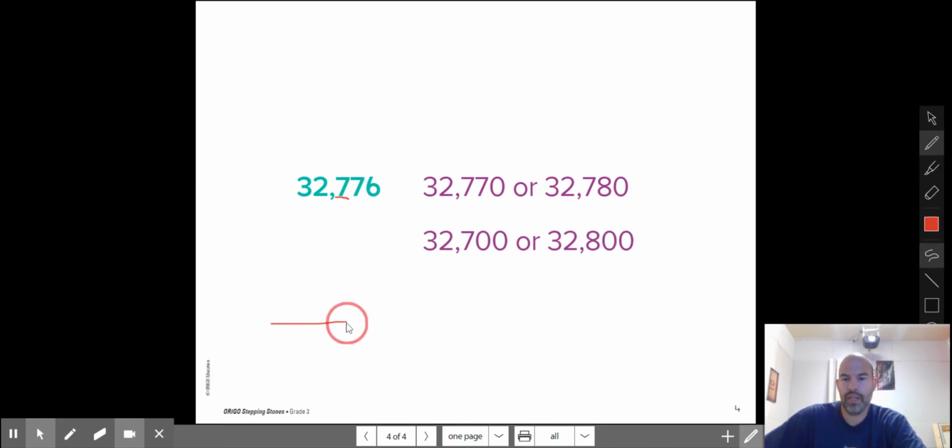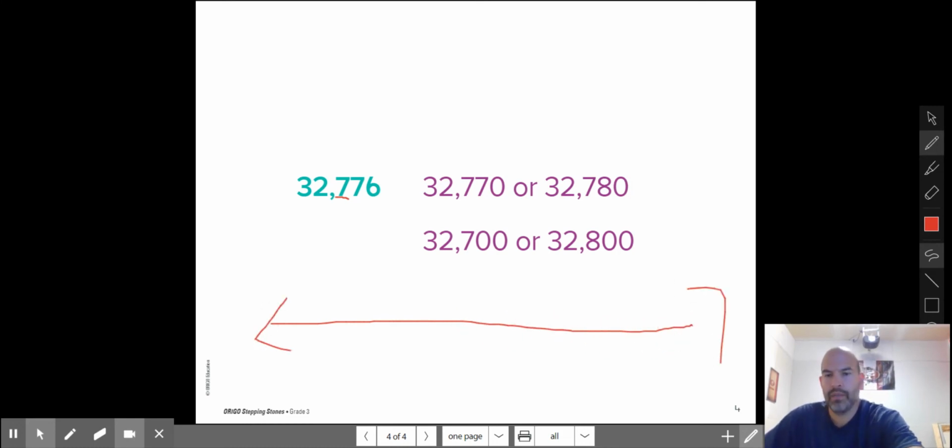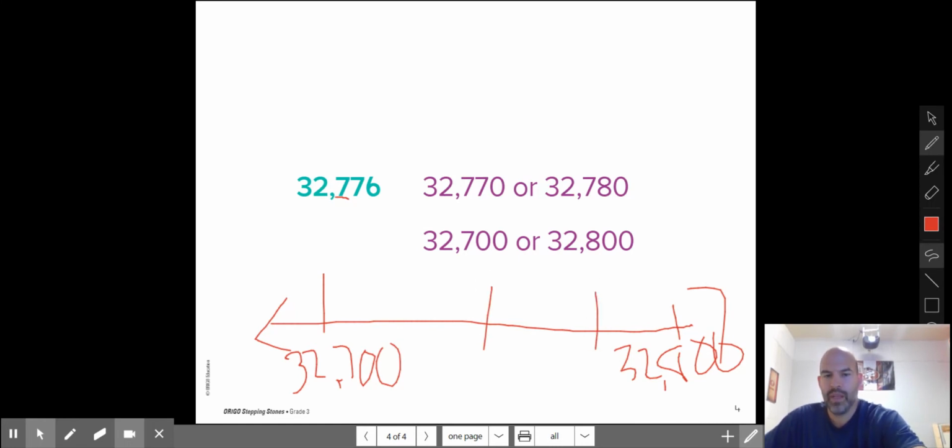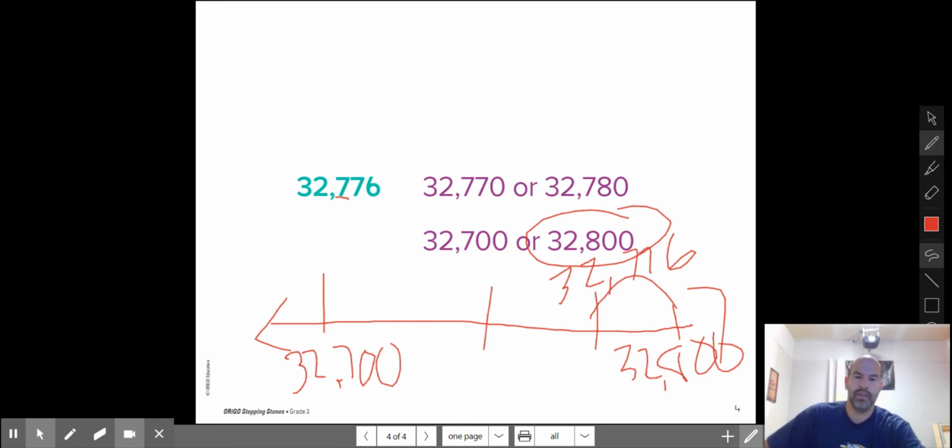Again, if we use that number line, I drew that number line right there, and we put 32,700 and 32,800. And then we placed, this would be somewhere about here, 32,776. You can see that it would round up to 32,800.